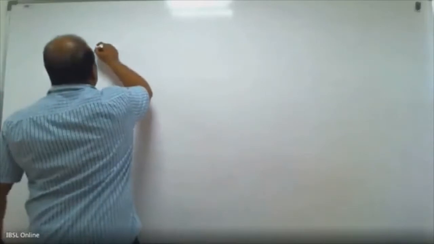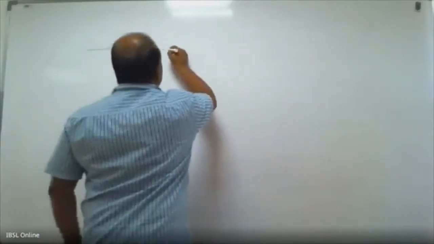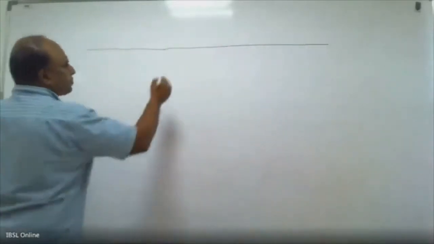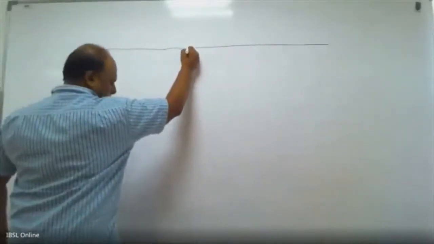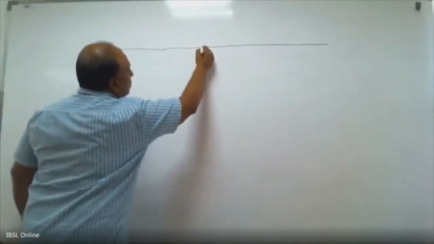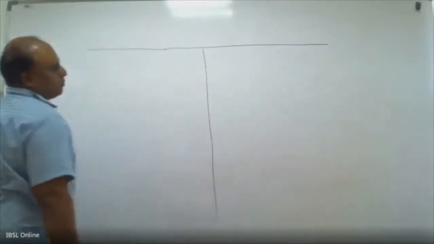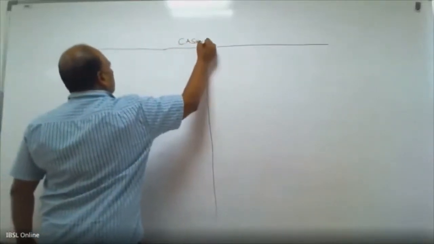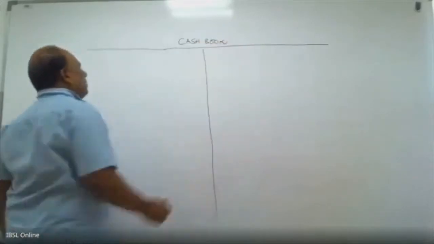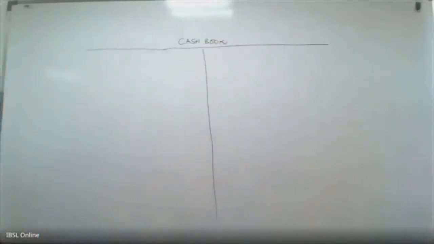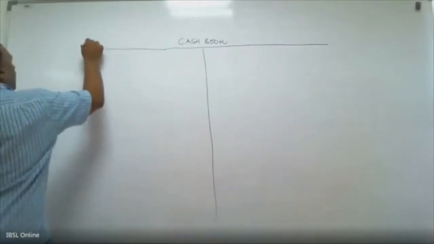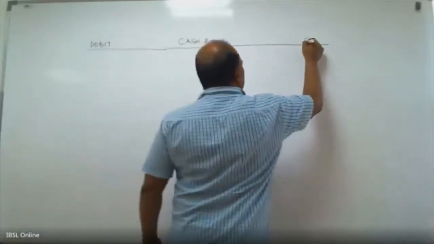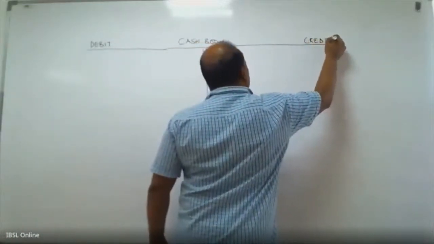So let's call this the cash book. It is the representation of the cash account. And you know, the left side is the debit, right side is the credit.